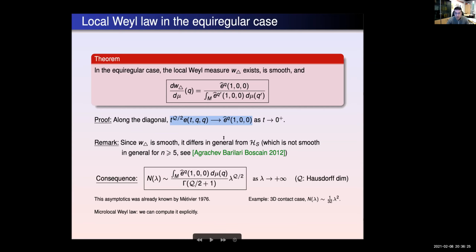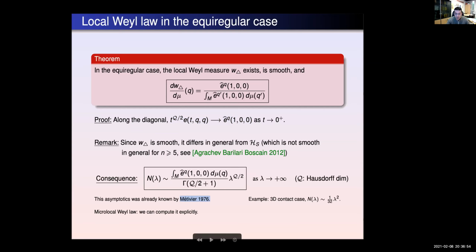And in turn, you can obtain the asymptotics of the Weyl counting function N of lambda, which is proportional to lambda to the power q divided by 2. As I said previously, this result was known a long time ago by Métivier at the end of the 70s, but what was not known was the exact expression of the constants.